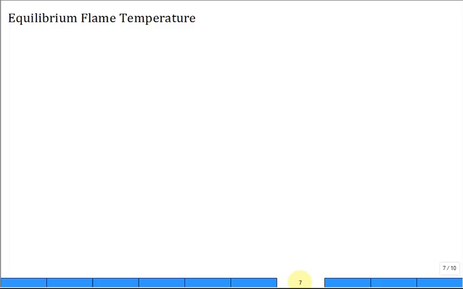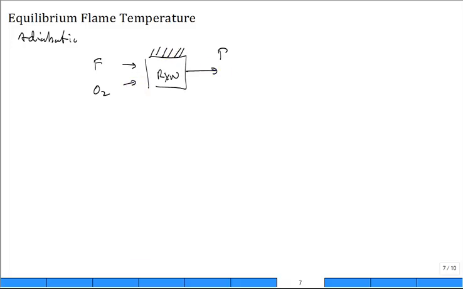Equilibrium flame temperature. Well, before we had what we called the adiabatic flame temperature. So you brought some fuel, some source of oxygen, and you put it into a reactor, and that chemical reaction was adiabatic. There's no heat transfer, and you came out with some products that were very hot, high temperature.